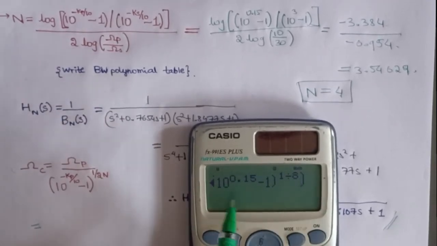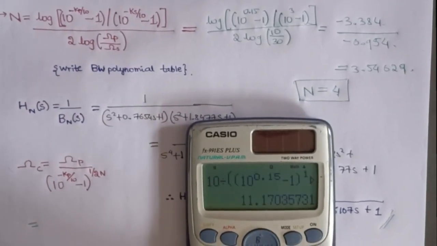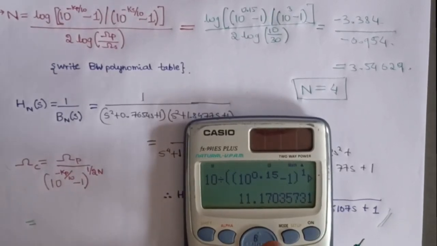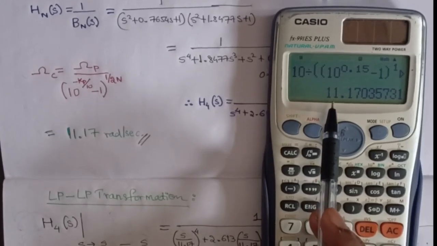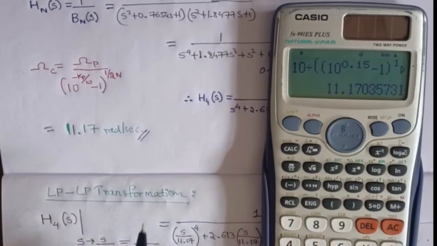We get omega c as 11.17 radian per second.